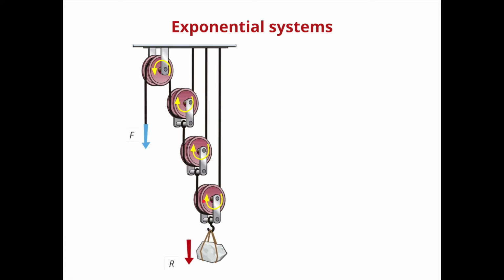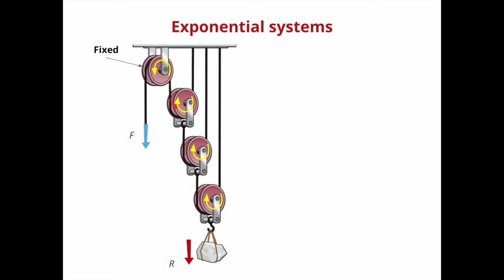Okay, now let's see where the fixed and movable pulleys are. This is very easy because we can see that the only pulley that is fixed to the roof with this part of the system is this one. And the other ones are movable.